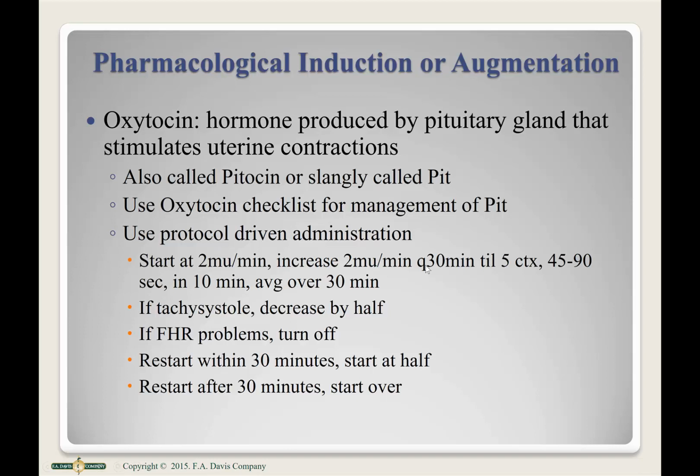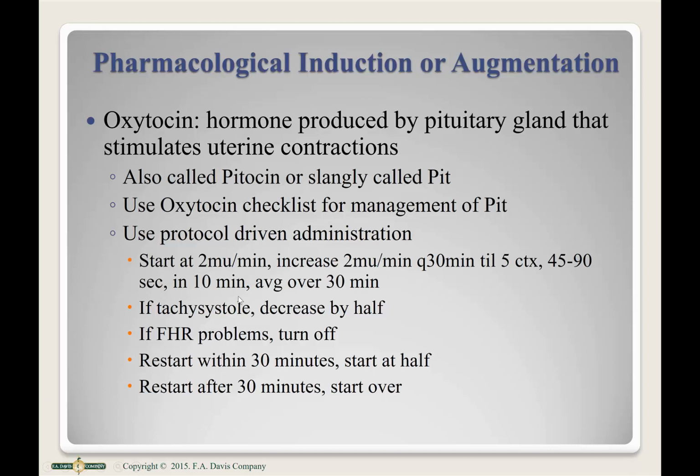Every 30 minutes, we reassess our fetal heart rate and contraction pattern, and if we meet the requirements, we can increase the Pitocin by another 2 milliunits, or 2 cc's per hour. Our plan is to reach a contraction pattern of 5 contractions in a 10-minute period, with contractions lasting 45 to 90 seconds.